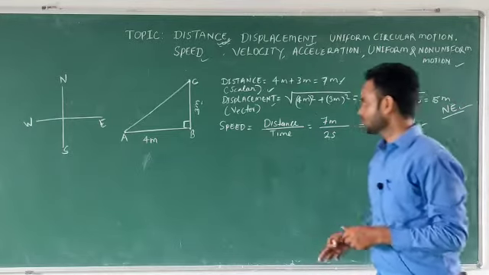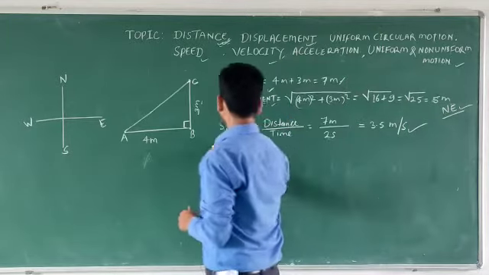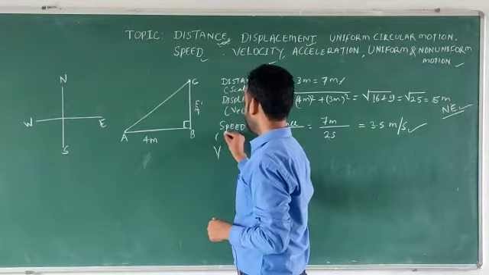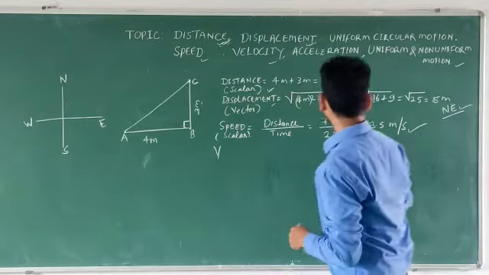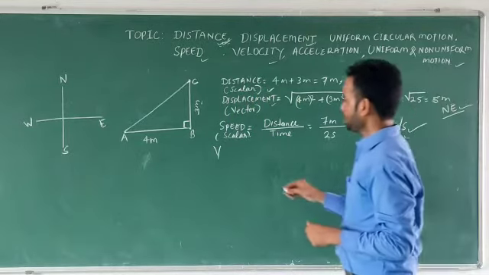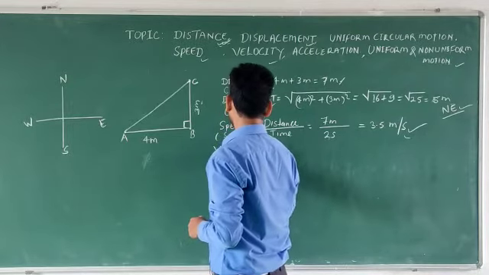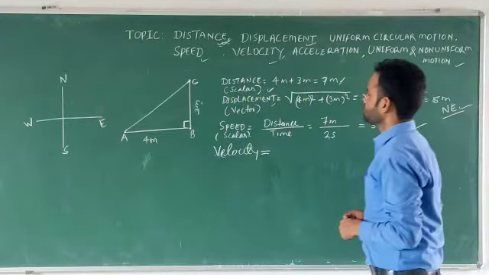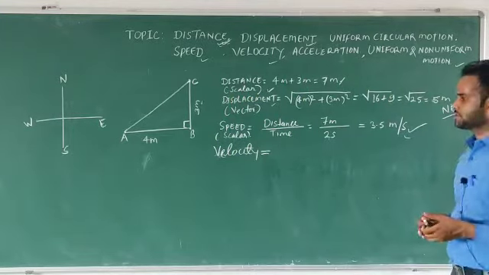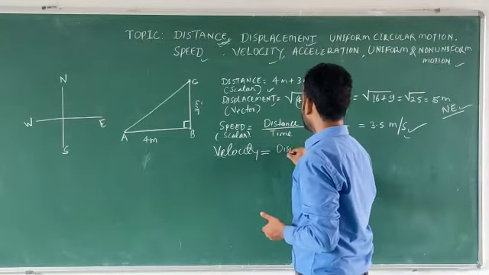So speed is distance divided by time. We should know that speed is a scalar quantity, because direction is not given in this case. And in the case of velocity, velocity is the rate of change in displacement. That means in place of distance we should write displacement.